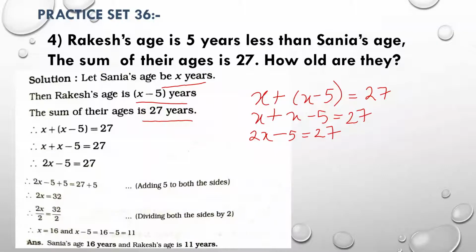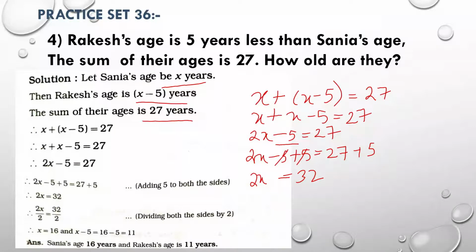Now see here, you have to remove this minus 5. So in 2x minus 5, on both the sides you have to add plus 5. After adding the plus 5, minus 5 and plus 5 becomes 0, is equal to 27 plus 5 will become 32.